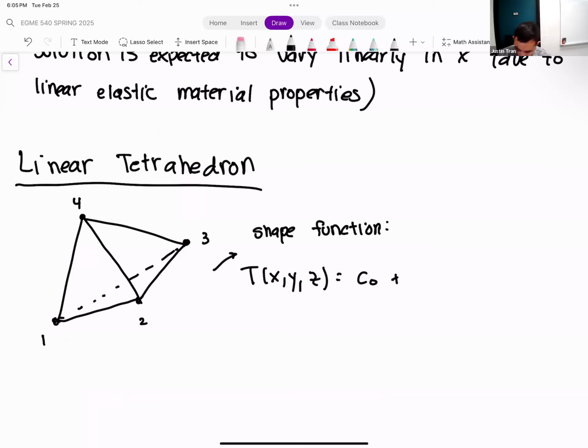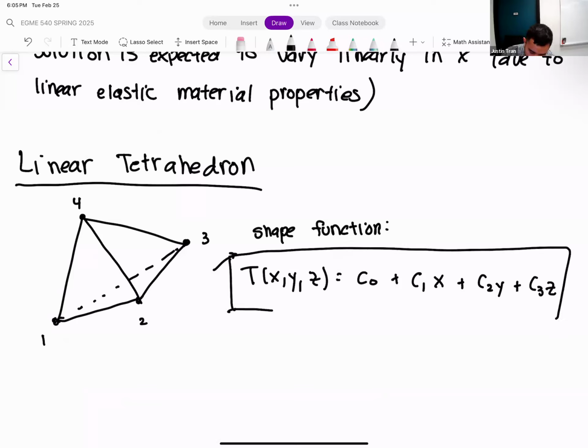We have C0 plus C1x plus C2y plus C3z. So now that we're in 3 dimensions, we have to account for the z direction as well. So this is the simplest kind of element type that you can use in 3 dimensions, and we really just have the bare bones of a shape function.